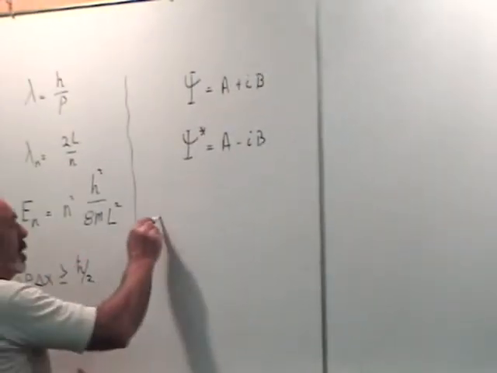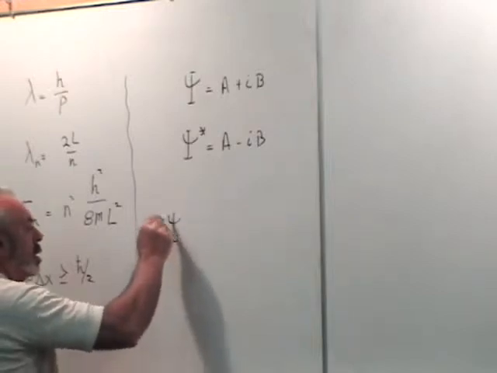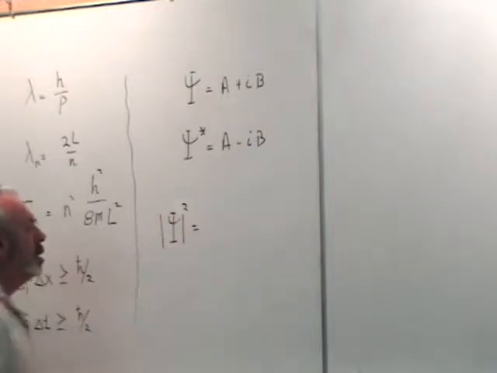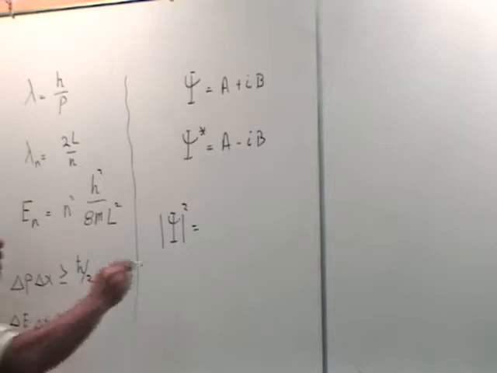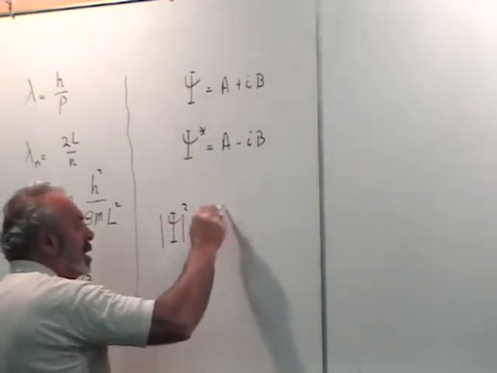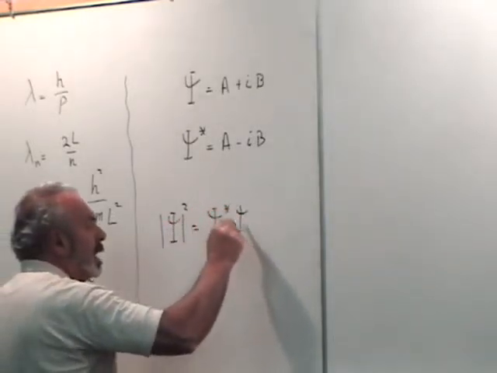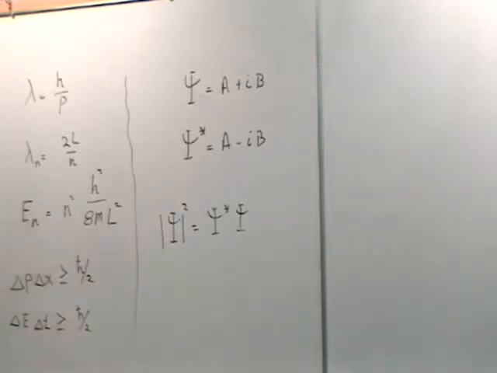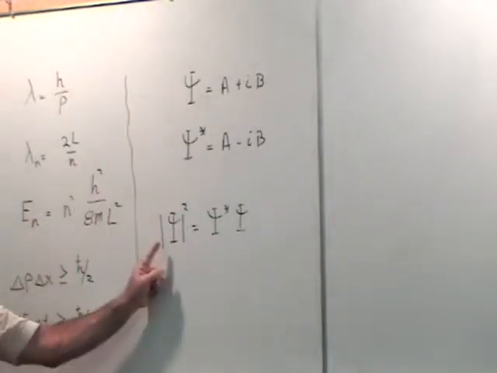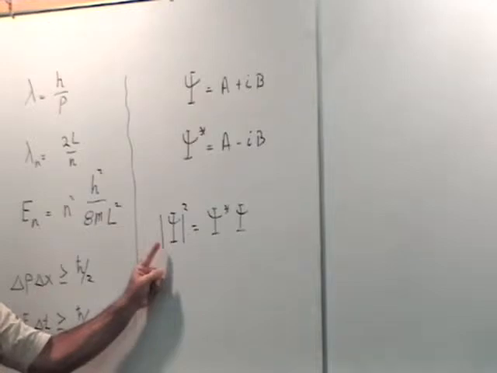Then we discussed this, which is psi star psi, and this can be measurable. This is somehow related to the probability, and this is proportional to the probability.